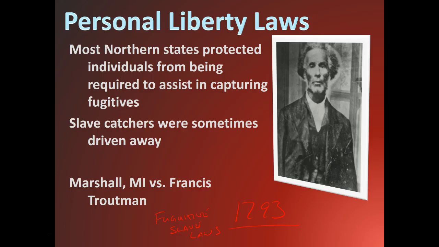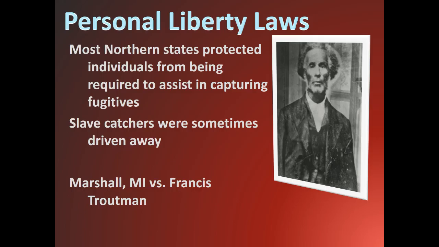And so this created at the federal level, because these are passed by Congress, a process for if you had an escaped slave, you could commission someone to go to the north to catch that slave, and what are the circumstances under which that slave needs to be returned back to the south to the owner. So those are old school stuff, and these fugitive slave laws are enforced.